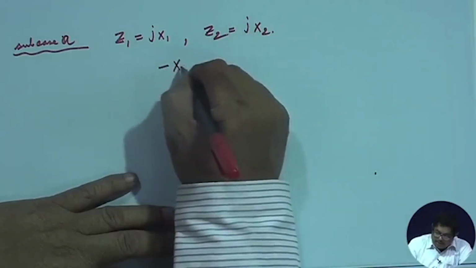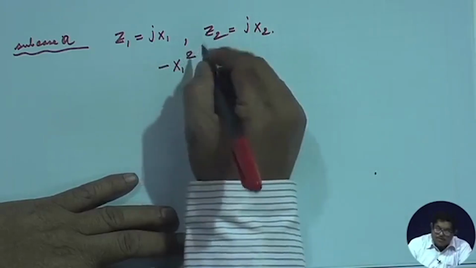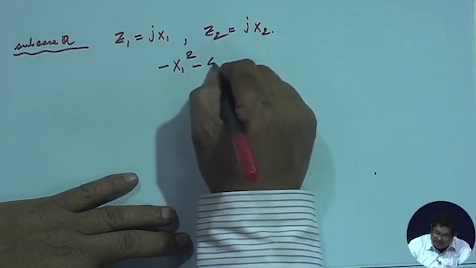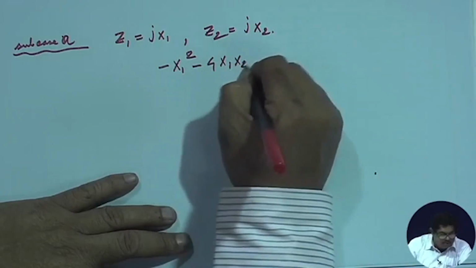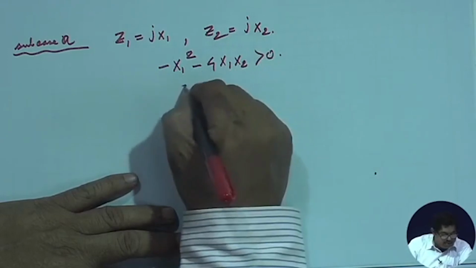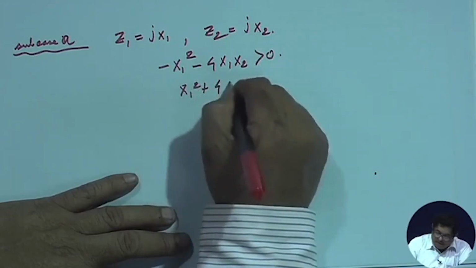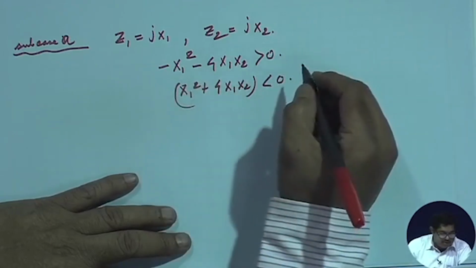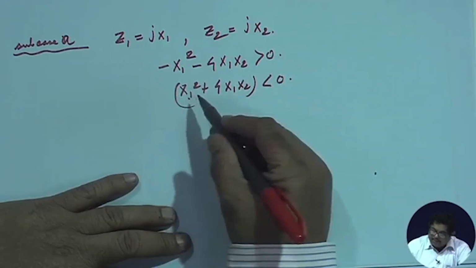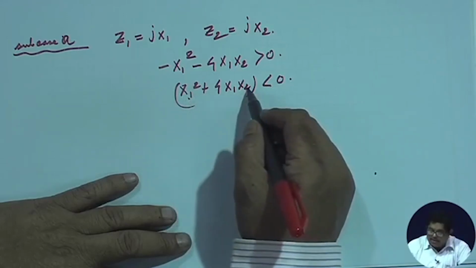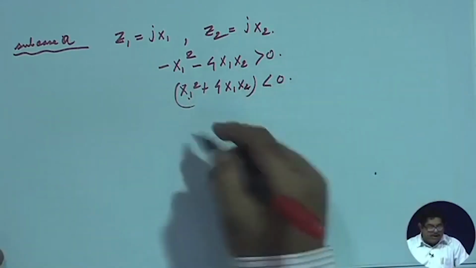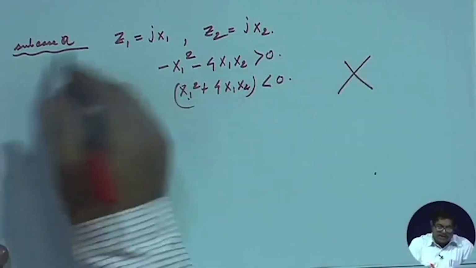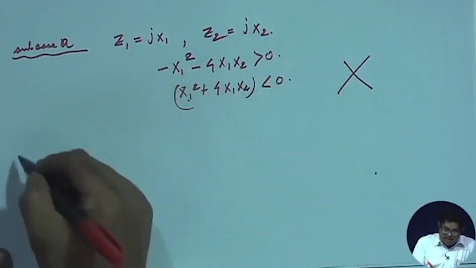Then Z1 square plus 4 Z1 Z2 is minus x1 square minus 4 x1 x2 greater than 0, or x1 square plus 4 x1 x2 is less than 0. Since x1 and x2 are positive real numbers, this is not possible. So subcase A is not possible.